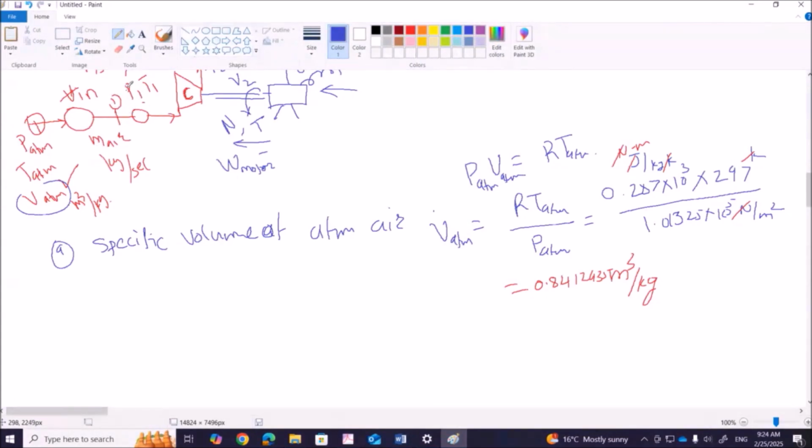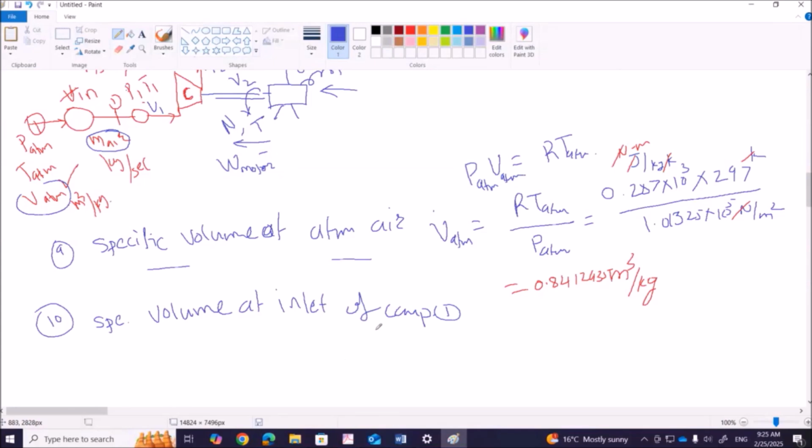Now I will go to point number 1. I know P1, T1, and I need to find the volume flow rate, air flow rate. Again, I will find the volume V1 here. How can I find V1? I can write here the specific volume of air at the inlet of compressor.